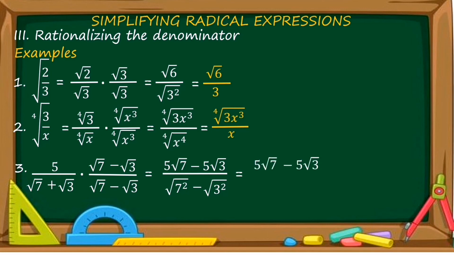Then, simplifying it again, it is equal to 5 square root of 7 minus 5 square root of 3 over square root of 7 squared, which is 7, minus square root of 3 squared, which is 3. Finally, we have 5 square root of 7 minus 5 square root of 3 all over 4.